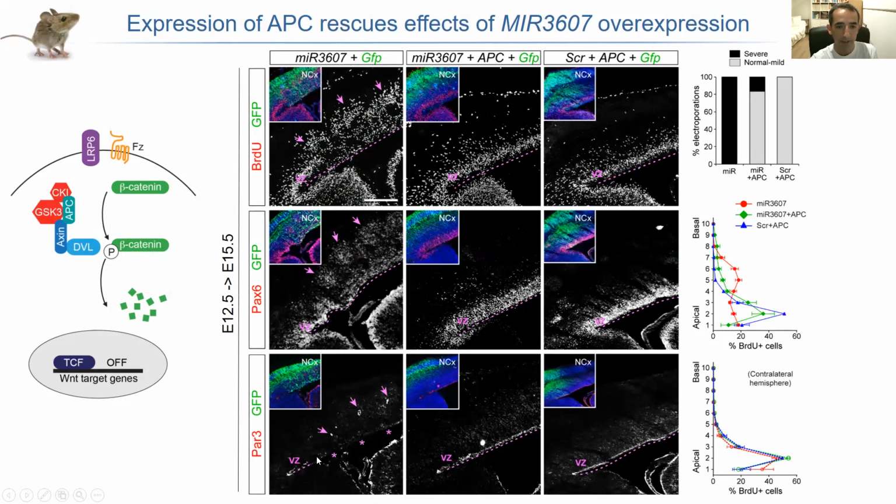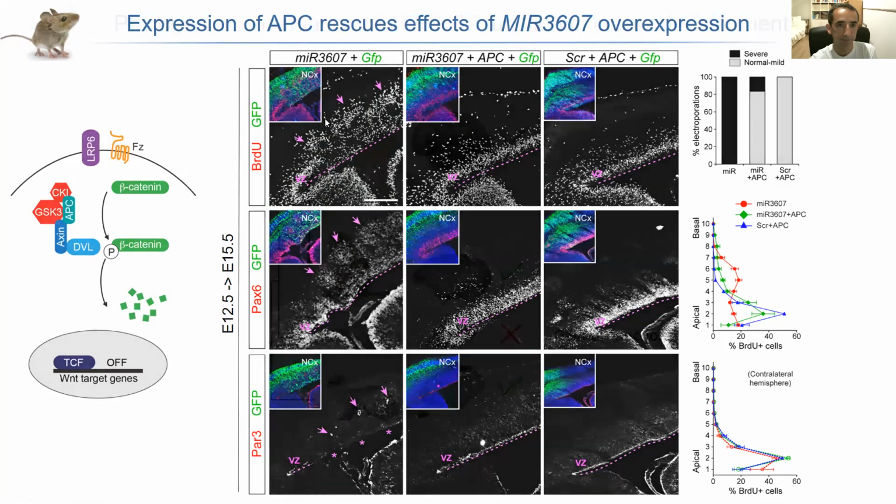And also we correct the apical disruption of these apical junctions that are not going into the parenchyma anymore. This is perfectly corrected. So it is the decreased expression of APC caused by the overexpression of microRNA 607 that causes this very severe phenotype.